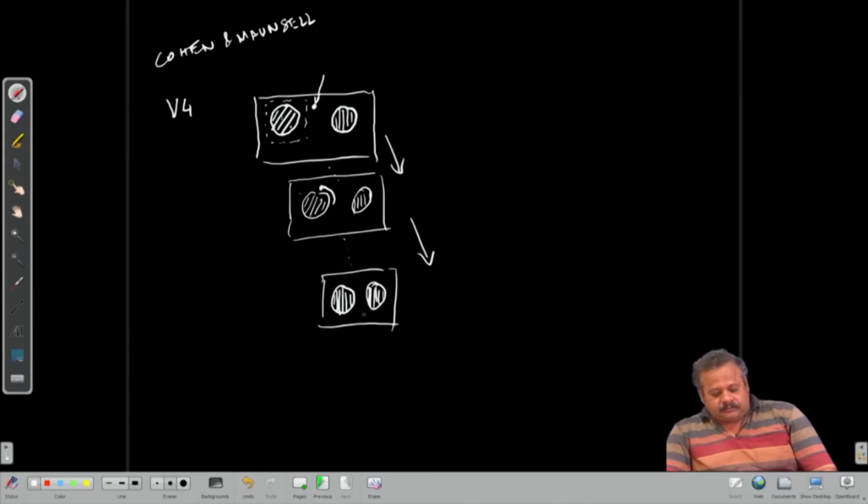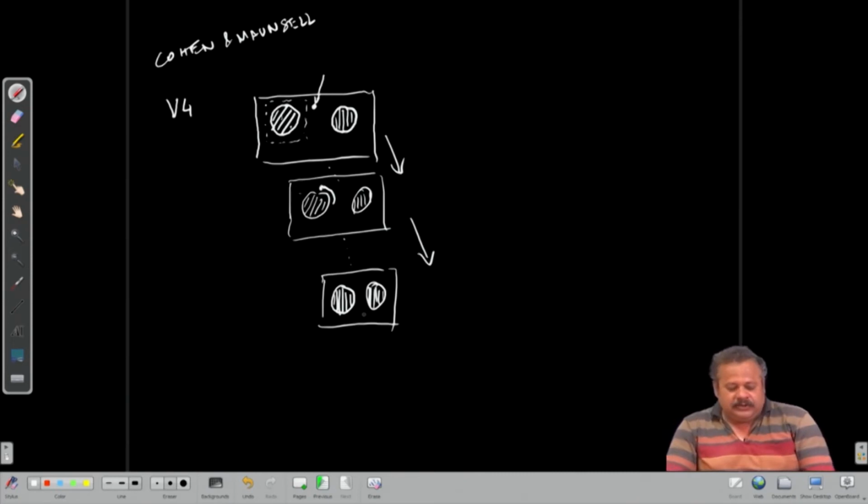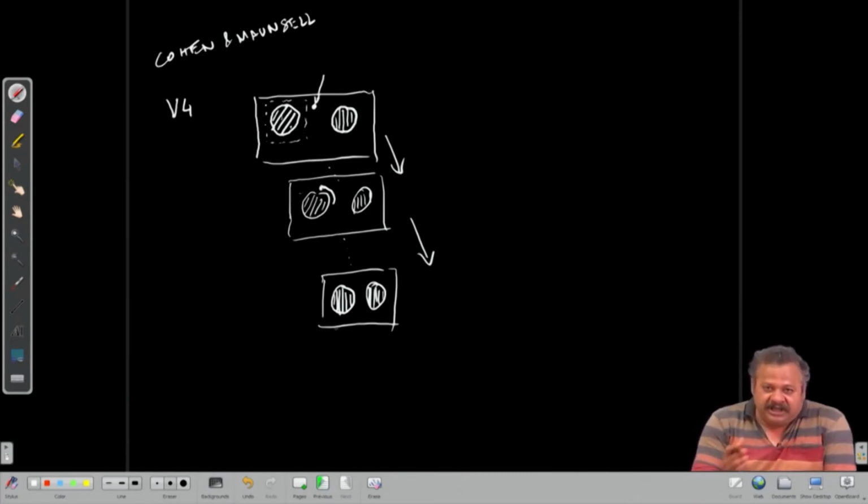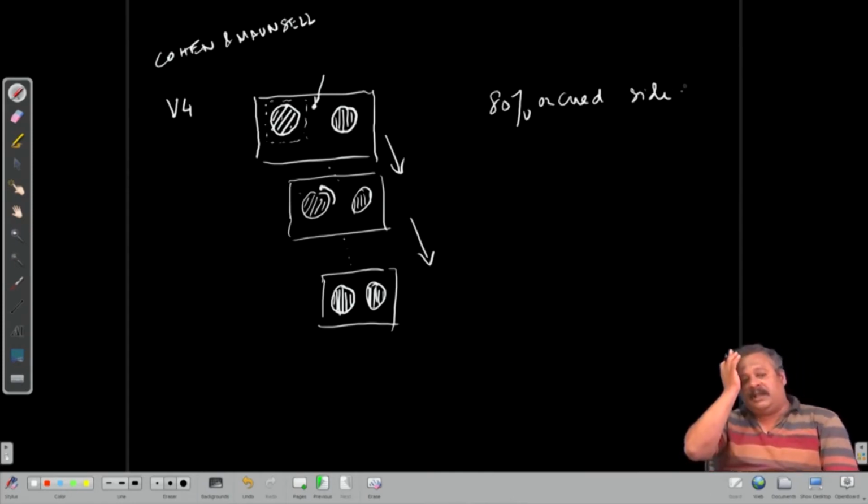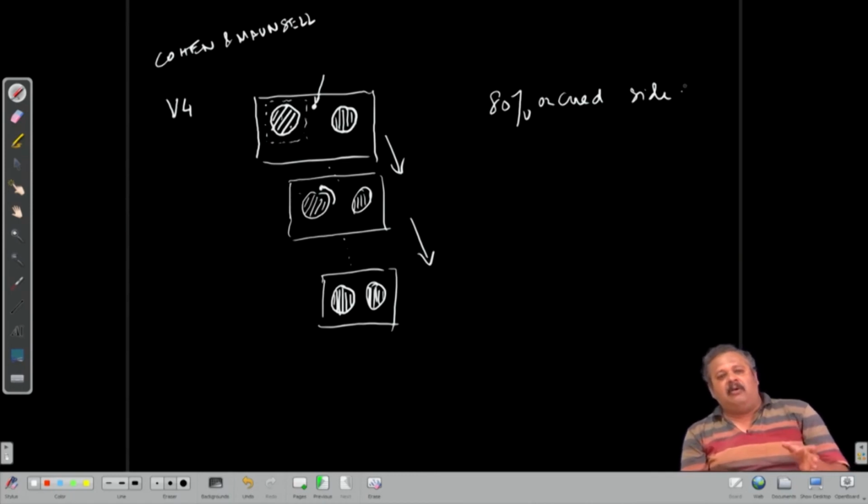And along with that, the monkey is provided a change in 80% of the trials on the cued side. So, the monkey is expecting a change on the left hand side. Out of 100 trials, 80 randomly would have a change on the left hand side, but 20% of the time the change would be on the right hand side, which the monkey did not know, and the monkey would be rewarded for change detection on either side.